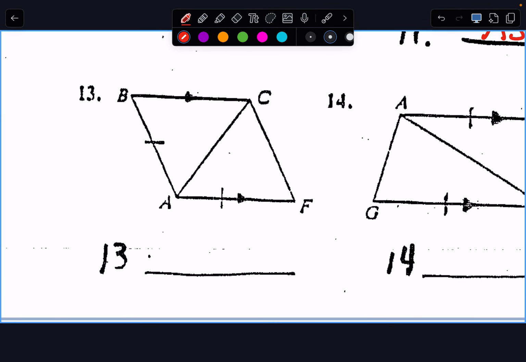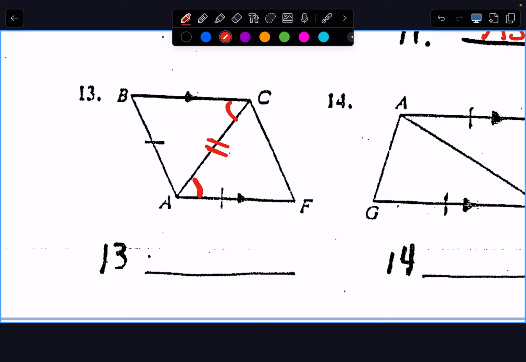Okay, what about number 13? Okay, side, angle, side. Here are our angles, and here's the side.